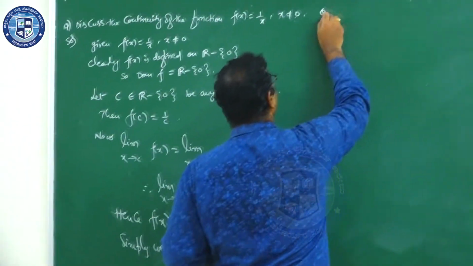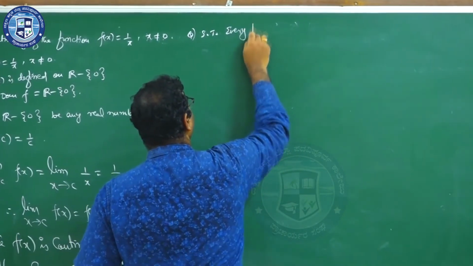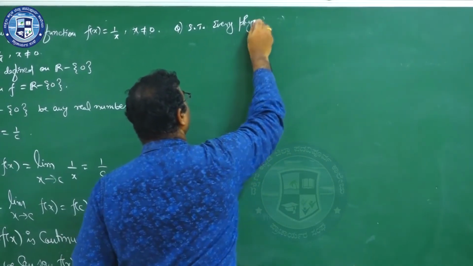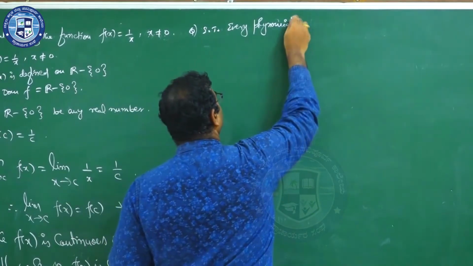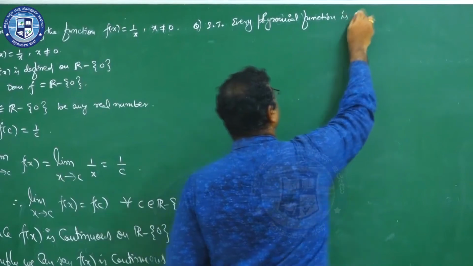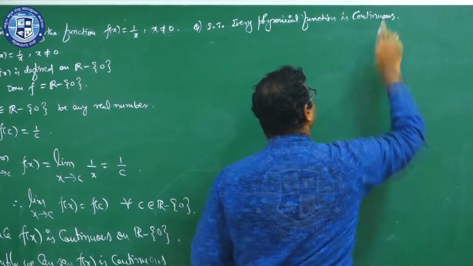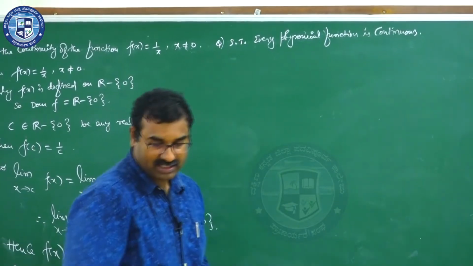Show that every polynomial function is continuous. Every polynomial function is continuous.